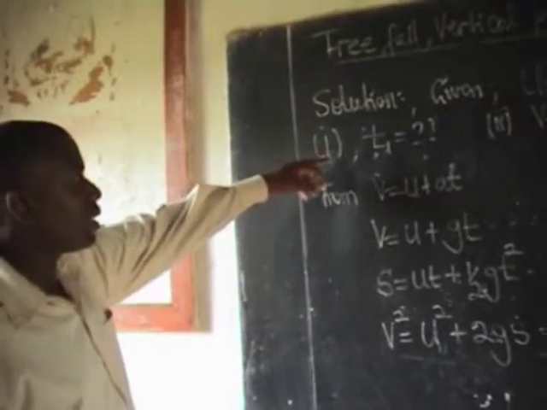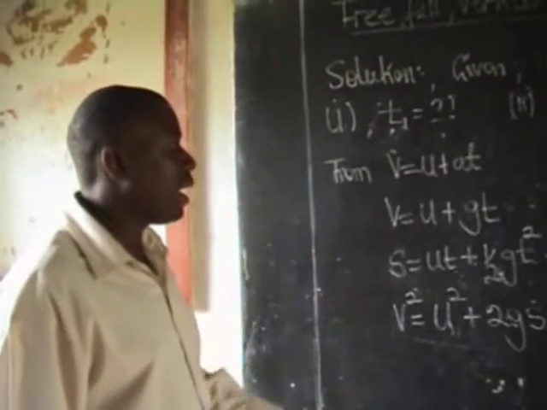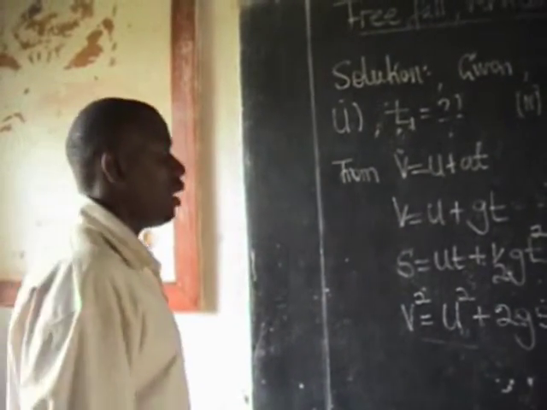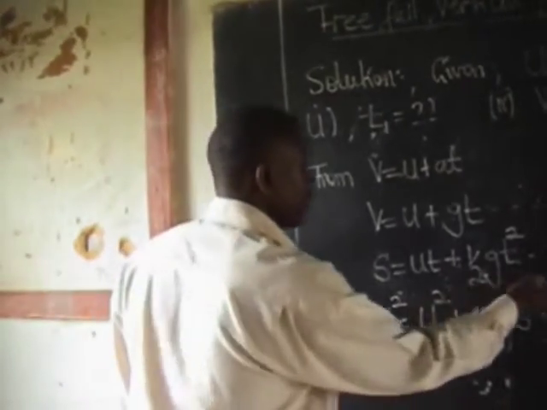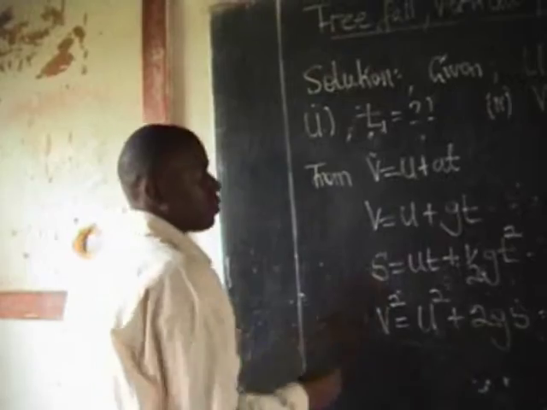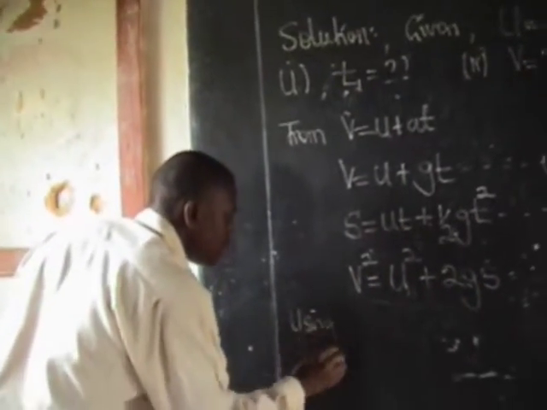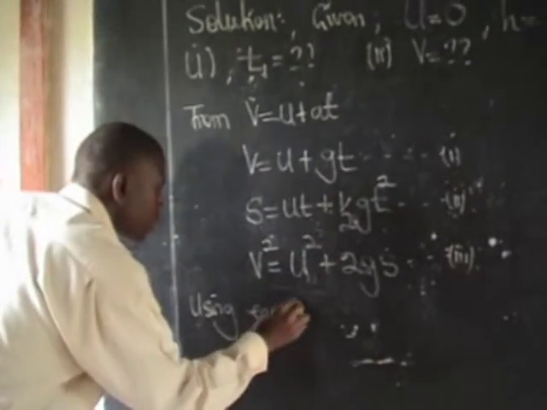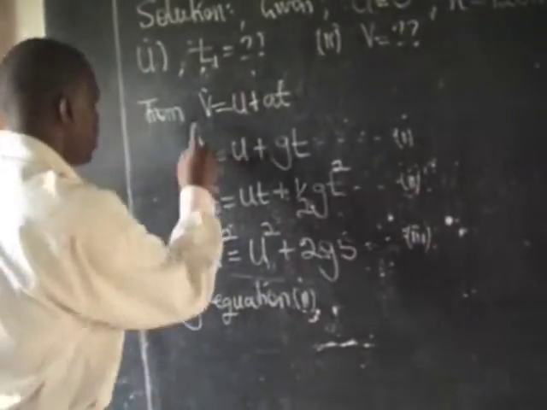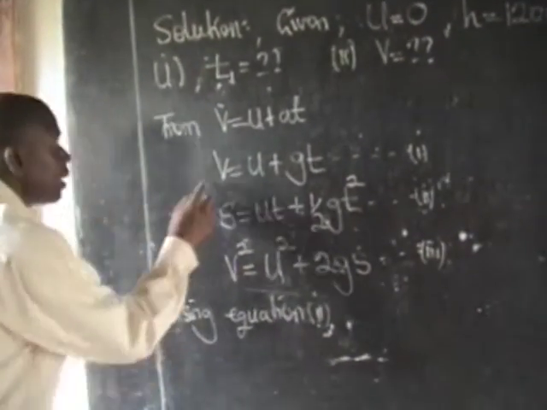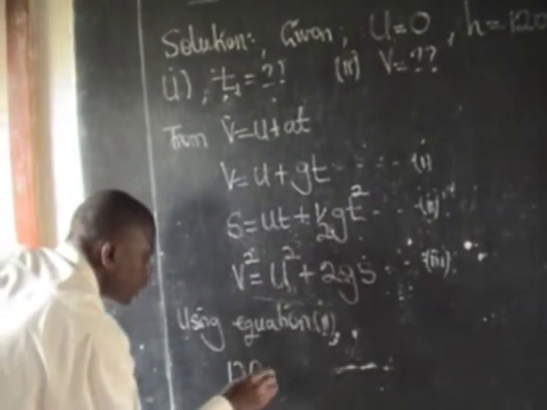So, in the first case, we want to find the time. We are given the initial velocity and also the height. Therefore, the equation which we are going to use in this case is going to be the second equation. So, using equation 2, we want to find the time. We shall take S as 120.